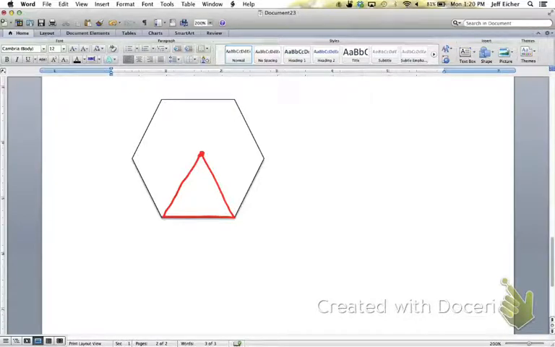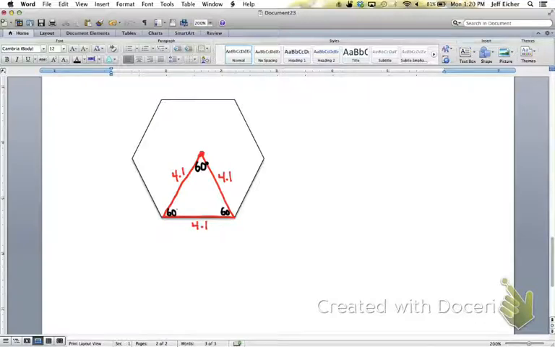You're told that the radius is 4.1. And in the previous example, we saw that this angle is 60 degrees, and likewise these angles are 60 degrees. So you have an equilateral triangle. That means that 4.1 also applies to the side length.